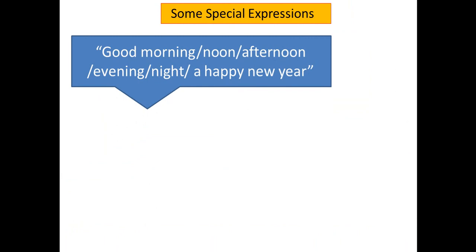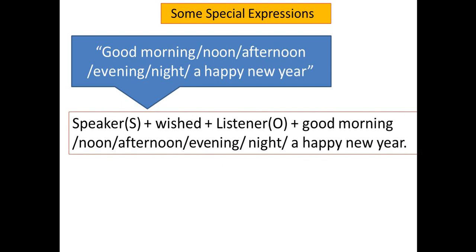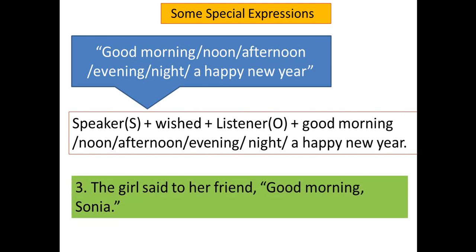So very often you face this sort of expressions: good morning, good noon, good afternoon, good evening, good night, a happy new year. So what will be their indirect expressions? Okay, so let's look at the example. The girl said to her friend, good morning, Sonia.